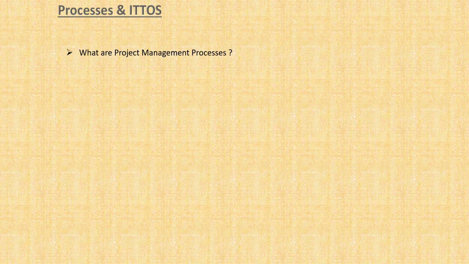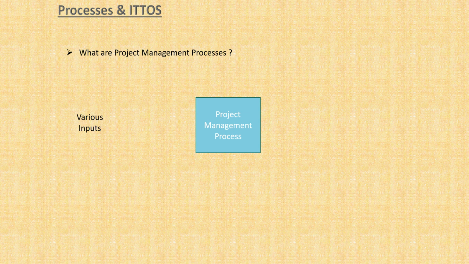So basically, if we want to understand this with a flow, it goes in this way. We have various project management processes. What they do is take various inputs. These inputs may be from other processes, from your organization's libraries, or some environmental inputs.